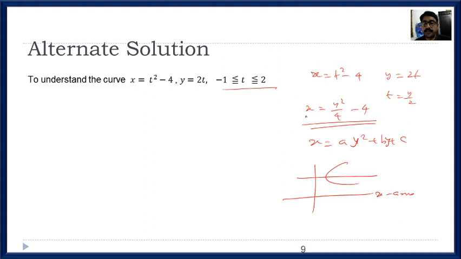So without sketching the curve, we can identify the shape of a curve by knowing the corresponding Cartesian form, by eliminating the parameter t.